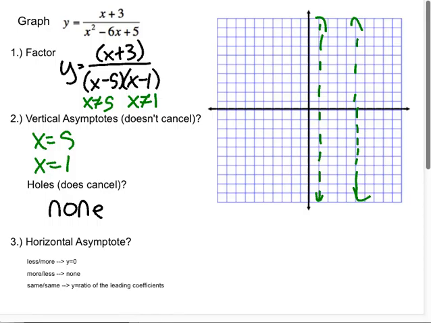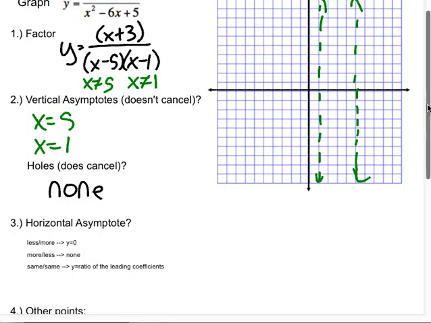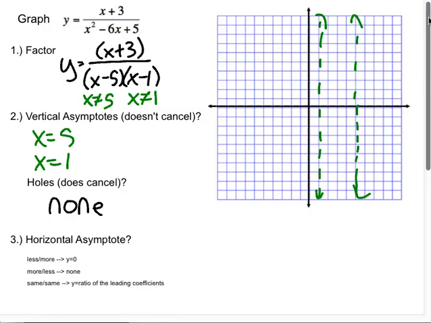So when they don't cancel, they're vertical asymptotes. If they do cancel, they're holes. Now, horizontal asymptote. Let's interpret the degrees here. The top is a degree 1.